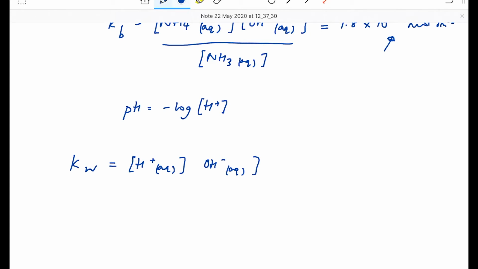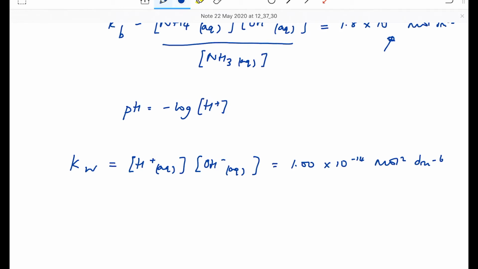Kw equals the concentration of hydrogen ions multiplied by the concentration of hydroxide ions, and at 298 K we saw that was 1.00 times 10 to the minus 14 mole squared dm to the minus 6.